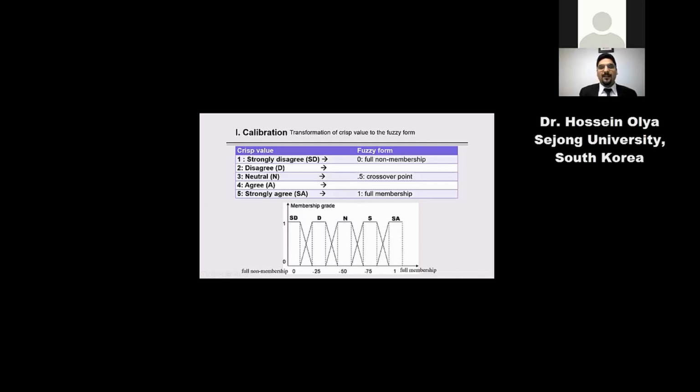It means that 75% they are members of satisfied tourists, and 25% they are members of dissatisfied tourists. And 50 means that they are 50-50, they are so-so. It means they are not satisfied, they are not dissatisfied, they are in the middle. They are the crossover point.